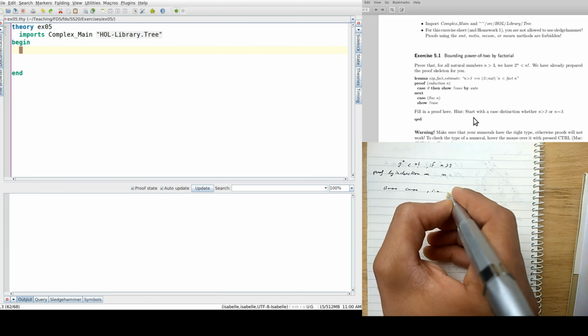Okay, so I will just do the steps that I did on the paper. Okay, so here the first step is from the induction hypothesis. I will actually start like what I did in the paper with the case when n is greater than 3.